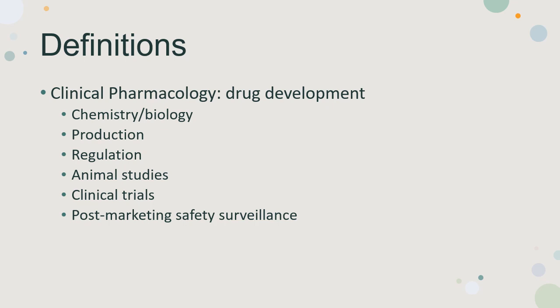You're going to study these things in animals, but also in humans in clinical trials. You also look at post-marketing surveillance, which looks at epidemiology, and so really just every topic of science and medicine and chemistry is involved.